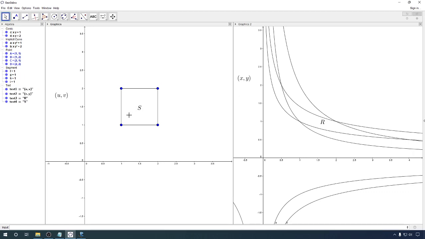We're going to be integrating over that square in order to integrate over this weirder shaped region. The integral over this weirder shaped region is going to be the integral over that square.